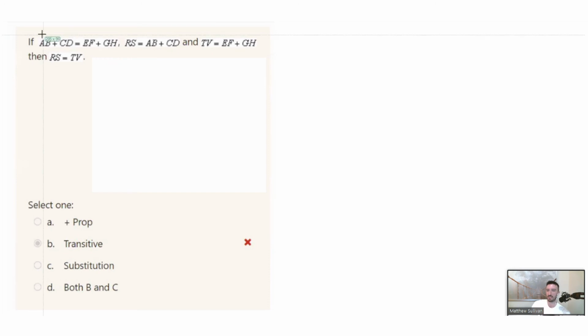Okay, so let's see. It tells us that this is true. It tells us that AB plus CD is equal to RS. Well, then let me just put the RS here for now.